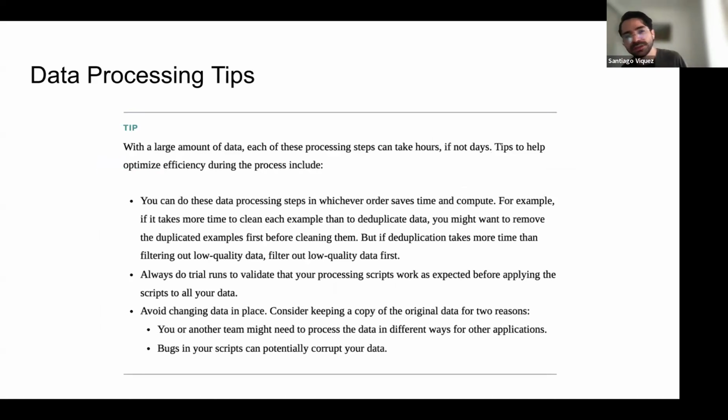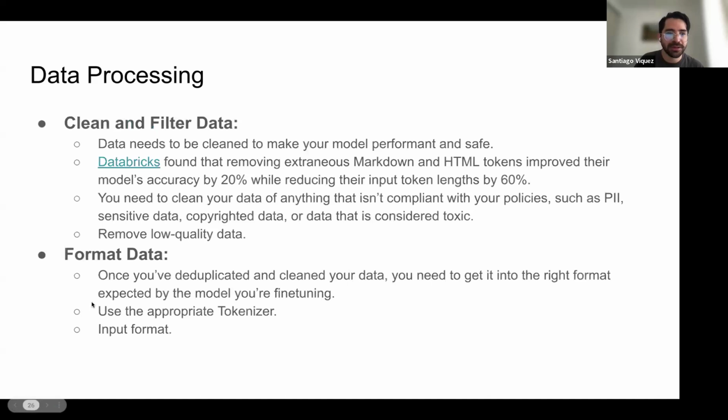By the end of the chapter, Chip also mentions some data processing tips, and says that this can take just a few hours depending on how big your data set is, or it can take days. Some of the tips are, like, these steps, you don't need to make them in order.